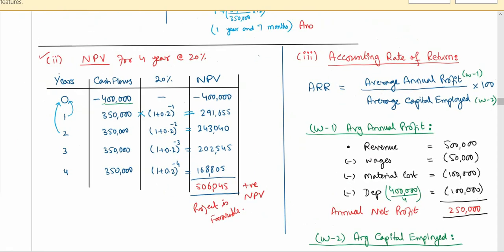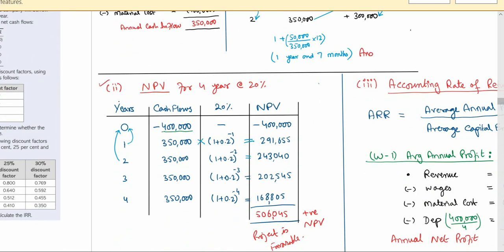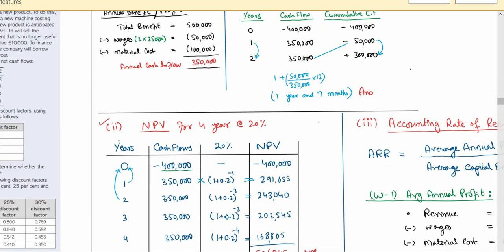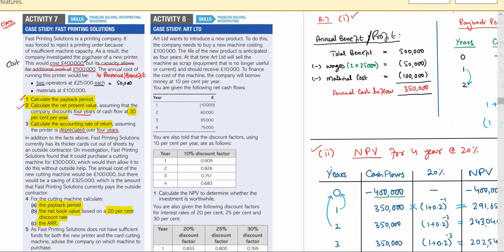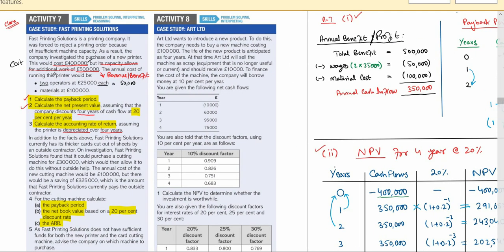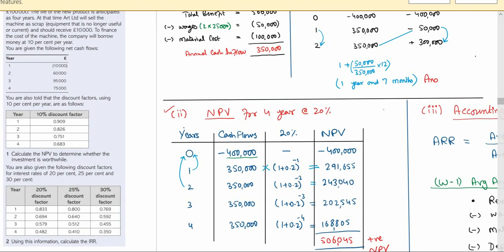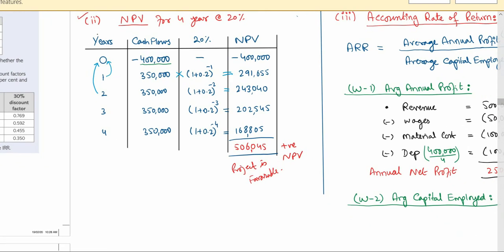But as per the question, we don't have any equity, so we will use another formula, non-current assets. Yes, we have non-current assets, that is the cost of the asset, 400,000.